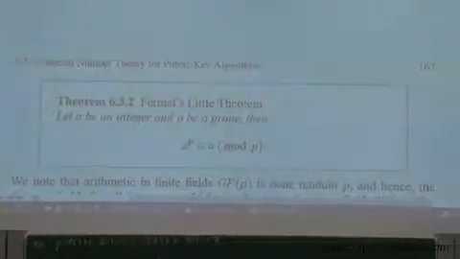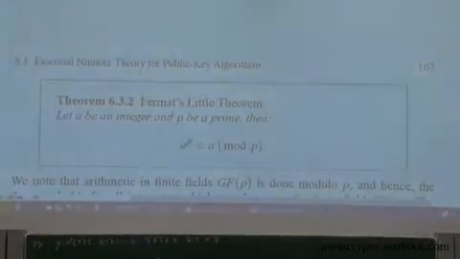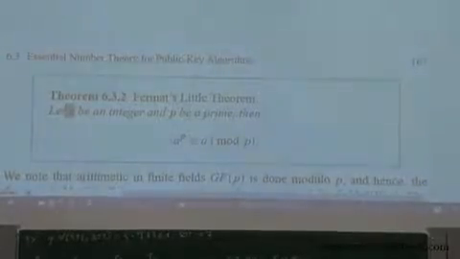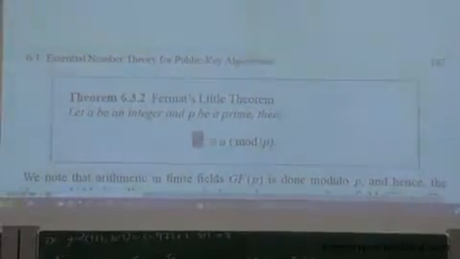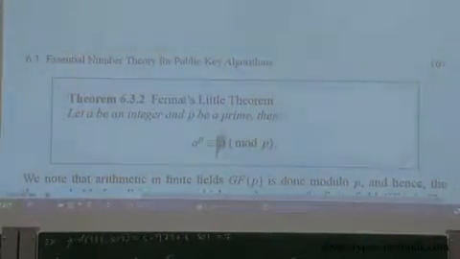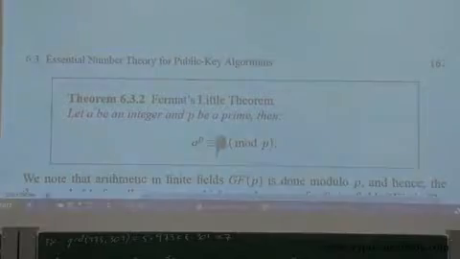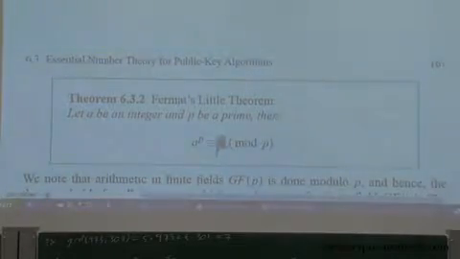It tells you, and it's somewhat surprising, if you have an integer a and a prime p, if you compute a to the p, so you raise something to the pth power, but everything mod p, the result will be again a. Strange, strange. Okay, this was 17th century, Fermat.